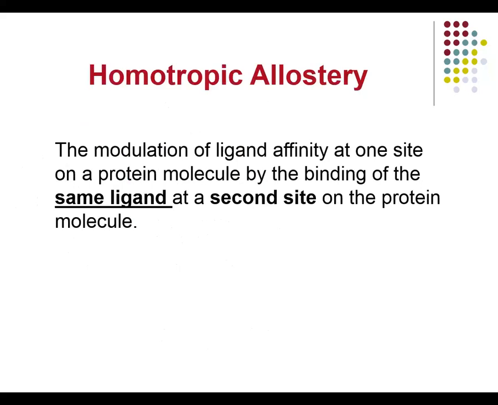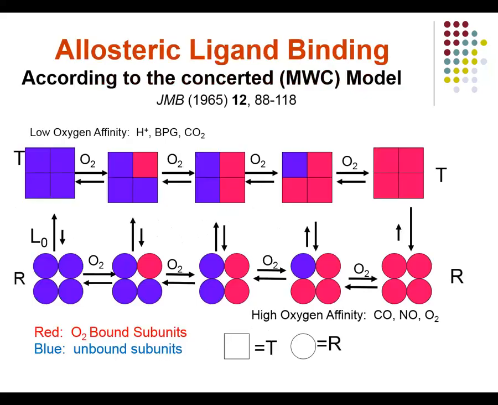Note that oxygen is the ligand that is the allosteric effector, and it's also being affected, depending on which site we're talking about. This means the allostery is homotropic. And the model of homotropic allostery, or rather cooperative oxygen binding, is given by the MWC model.